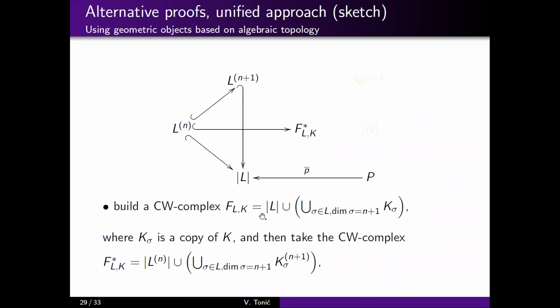Out of your original FLK, you take the n skeleton, and then out of every copy of K that you attached, you only take the n+1 CW skeleton of it. So you take only cells up to the n+1st dimension.